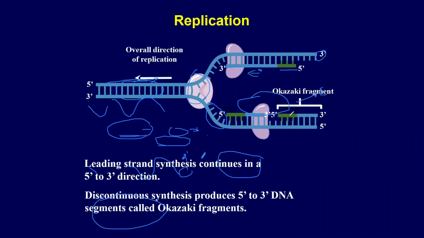But you can see on this strand, small RNA primers are added, and small segments of the strand are synthesized, small fragments. In prokaryotes, maybe 1000 to 2000 base pairs long. And these fragments are known as Okazaki fragments.